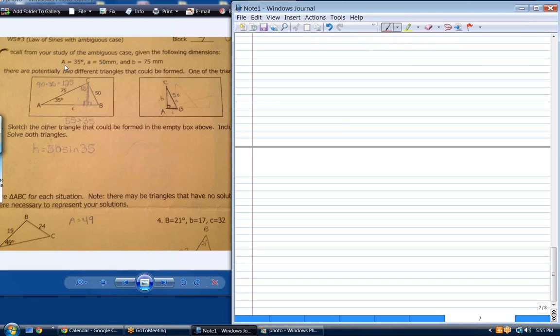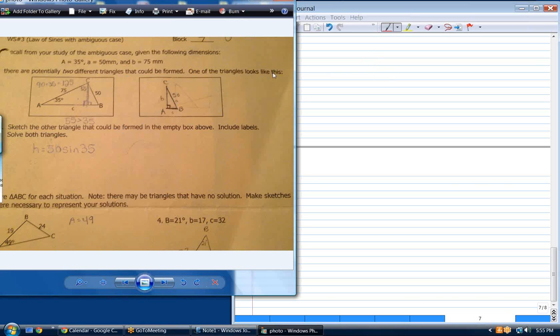Okay, so now they're giving us this situation. Why have they drawn it the way they've drawn it? One of the triangles looks like this. That was the other triangle.